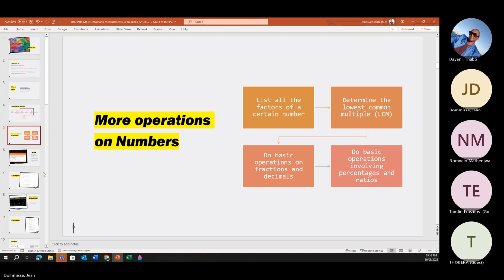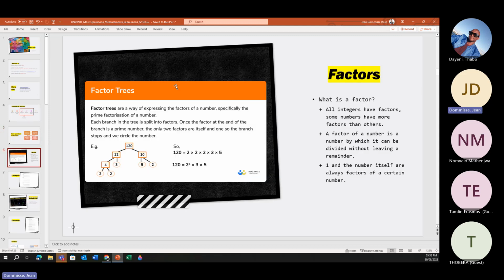Okay, so when we go into fractions, what I've given you here is just an example of a possible way of looking at factors, and there are other ways to look at it as well. On the next slide we look at some examples, and then I'll show you some other ways to break up the factors. So this is one way: what goes into 120?